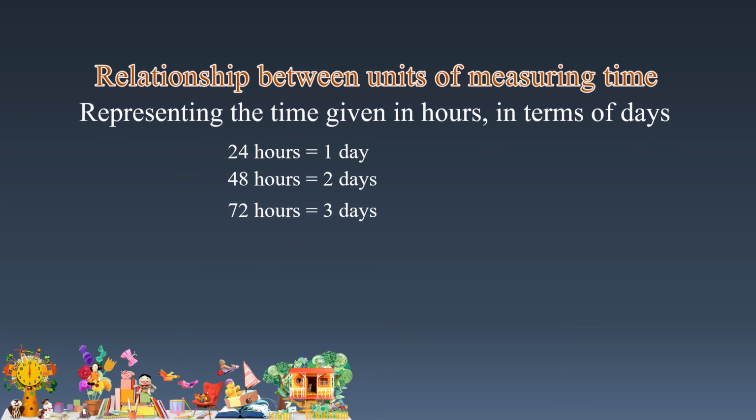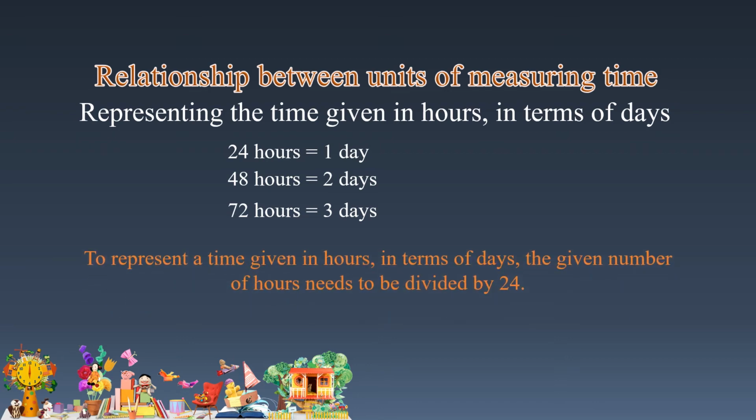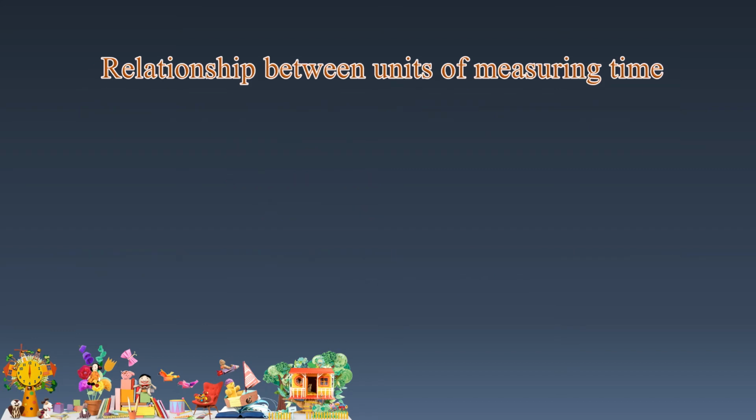Once again, you have to divide 72 hours by 24. You can get the answer as 3 days. So once again, you can get a conclusion as to represent a time given in hours in terms of days, the given number of hours need to be divided by 24.